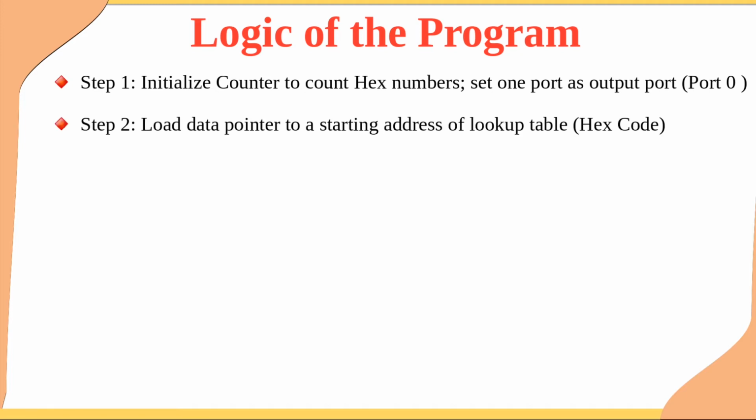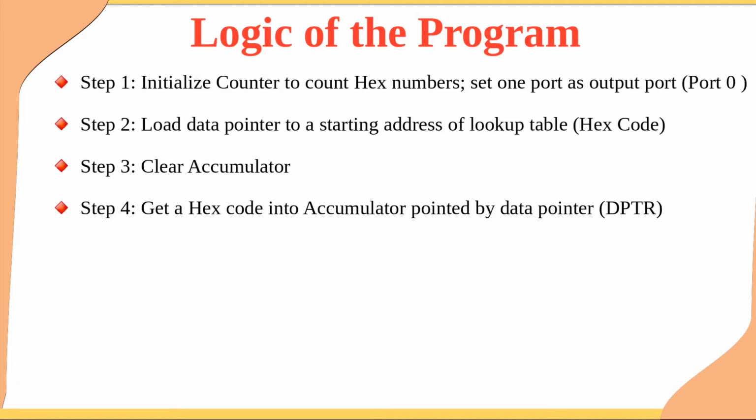Step 2 is to load a data pointer with the starting address of the lookup table. Dear students, what is a lookup table? Whatever codes we want to display, instead of storing them in RAM, we can store them in code memory. That can be done by using the assembler directive DB, which we will see while writing the program. The third step is to clear the accumulator.